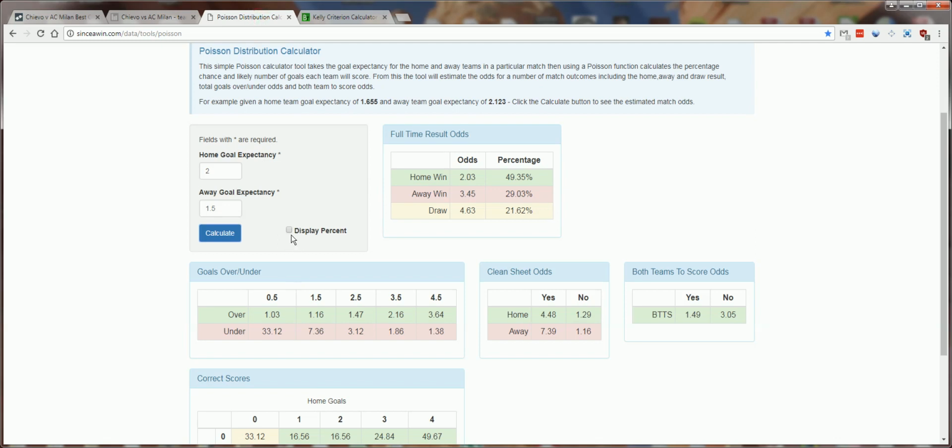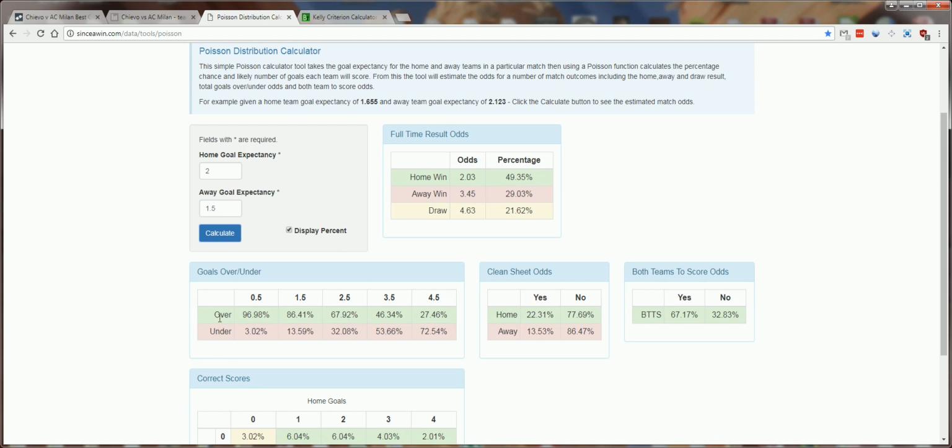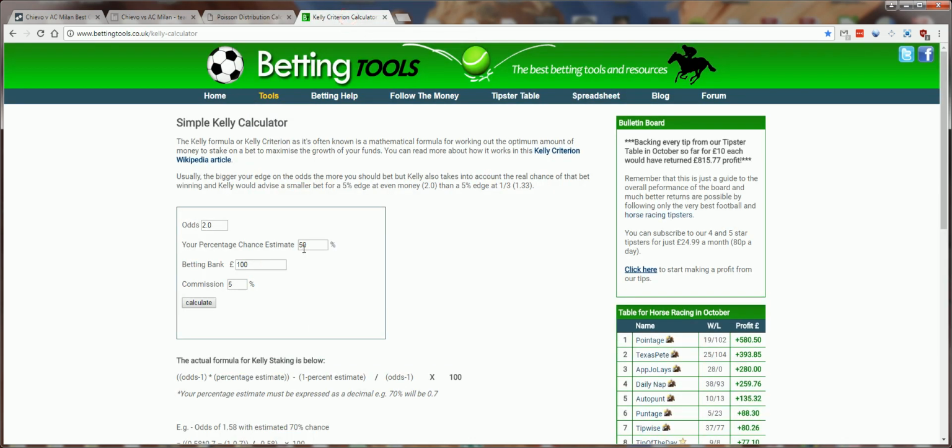To do this, I could work it out in my head, but I can't, to be honest. You just press this little display percent button here, and we've now got a 67% chance of it going over. Right, so we go to Kelly, and we put in 67. So that's our percentage chance estimate.